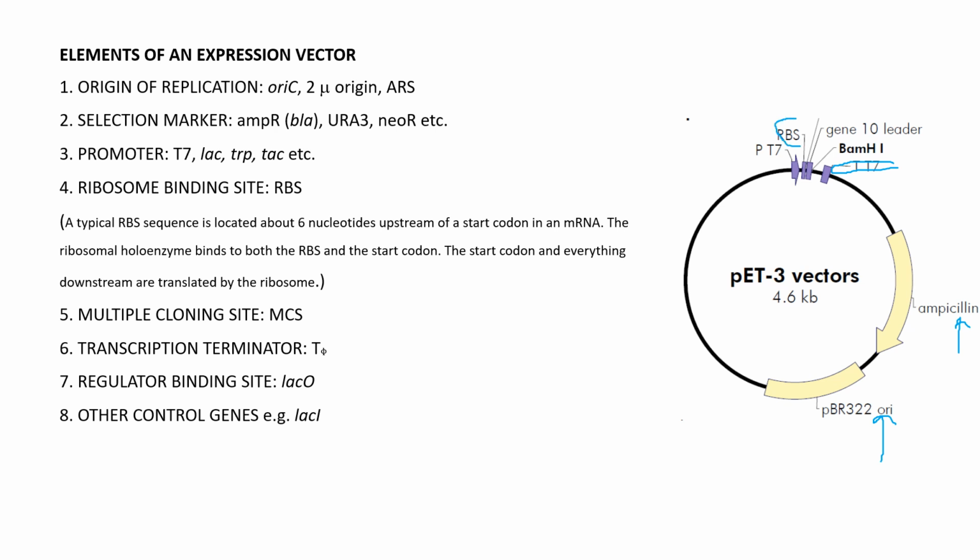This is the site where the 16S rRNA subunit binds. There is a multiple cloning site where you clone the foreign gene, and there is the transcription terminator site. This is for the termination of transcription. There are certain regulator binding sites and other genes also.